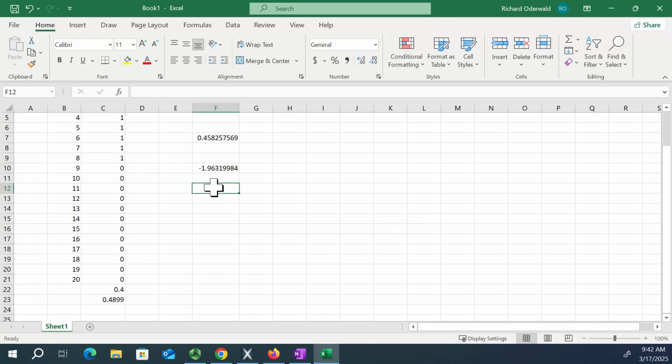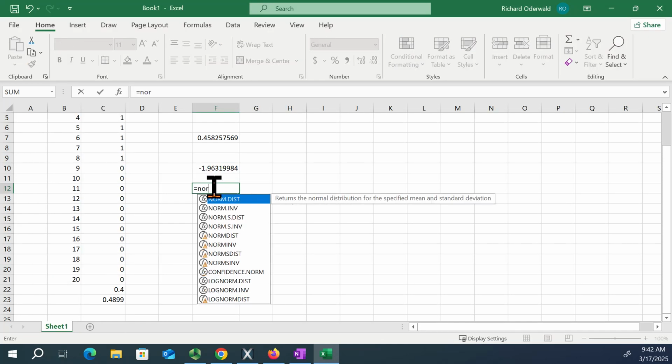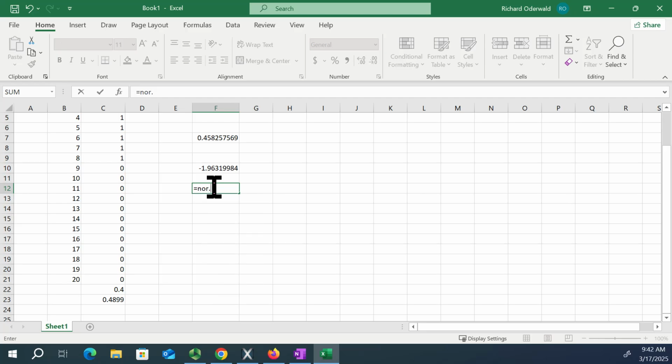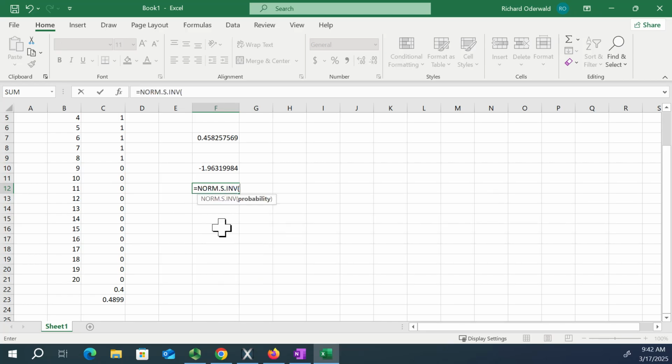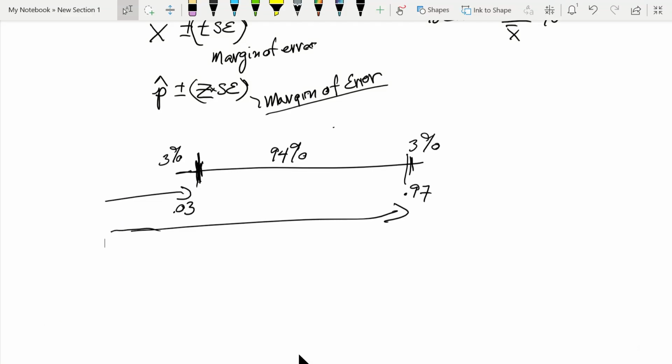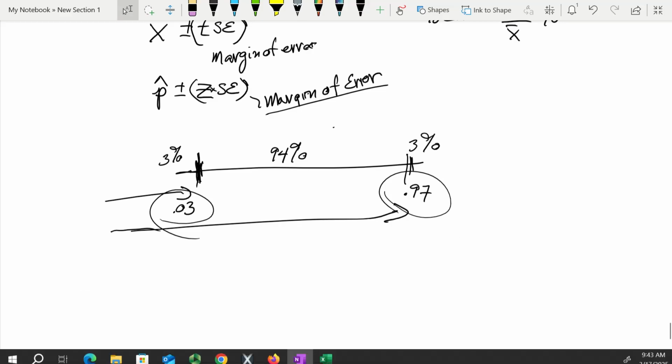So if I go to here, equals norm.s.inv, standard normal probability, I put in exactly the same probabilities as before. I can use 0.03 or 0.97. This doesn't change in the least.